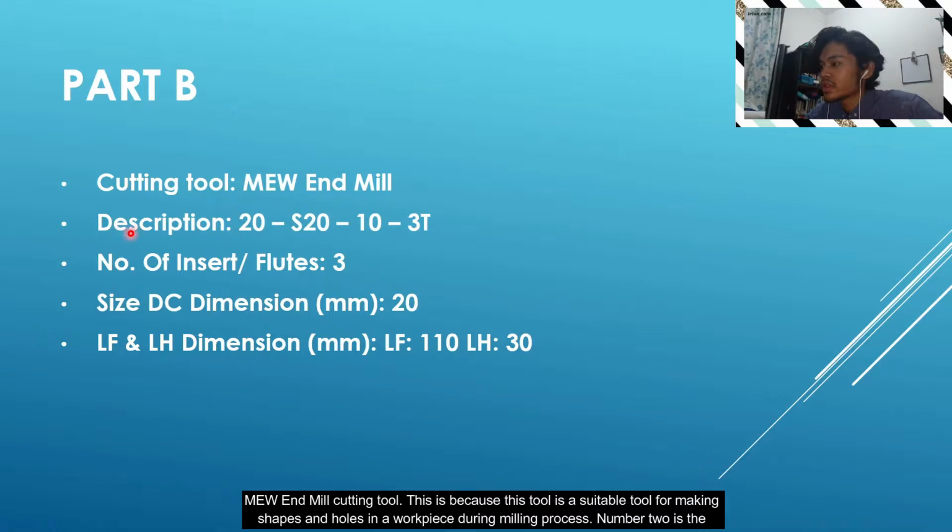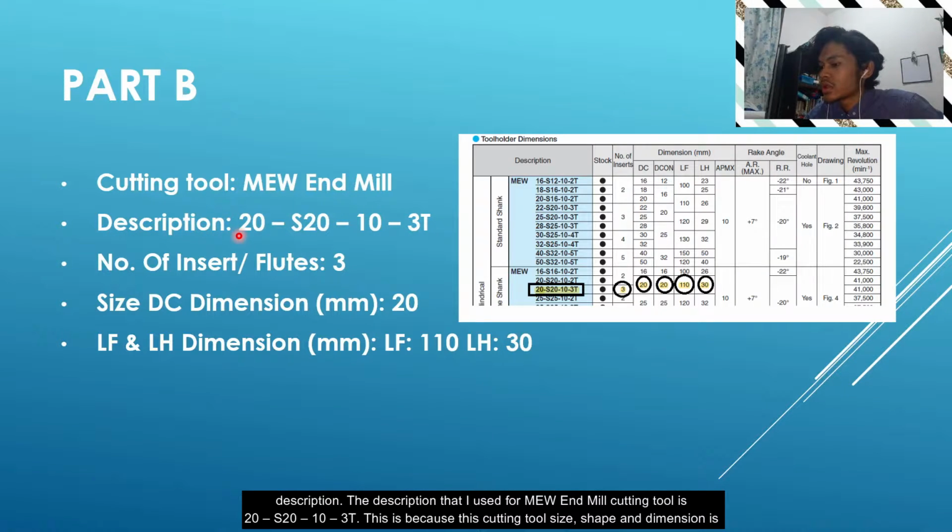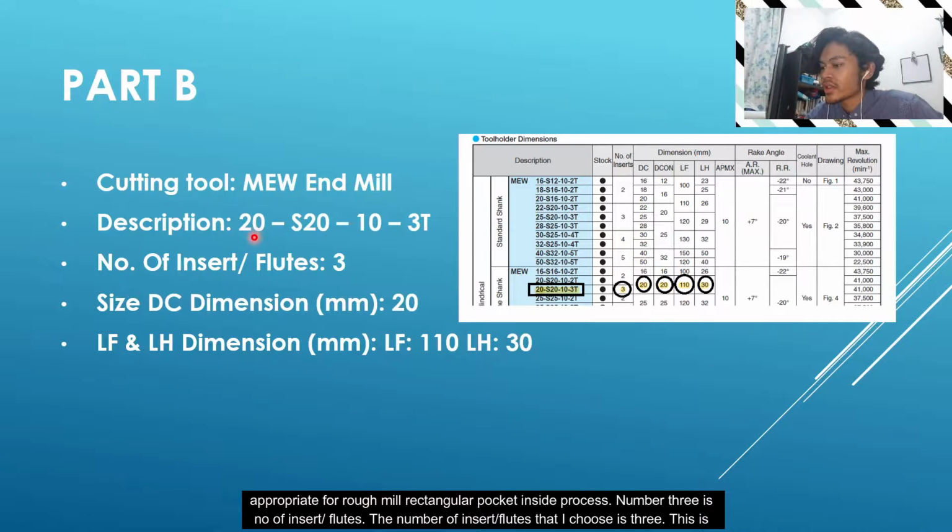Number 2 is the description. The description that I use for the end mill cutting tool is 20 S10T 1030. This is because this cutting tool's size, shape and dimension are appropriate for the rough mill rectangular pocket insert process.